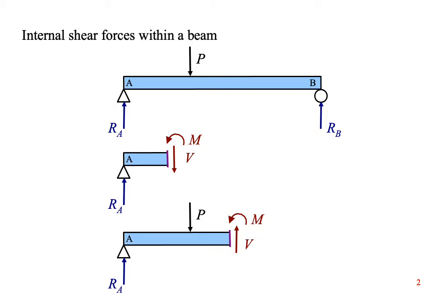In the next few chapters, we will use the largest values of V and M to calculate shear stress and bending stress in beams. If you know how much stress is in a beam, you can compare it with how much stress the material can handle safely, and then determine whether the beam is strong enough to carry the load.